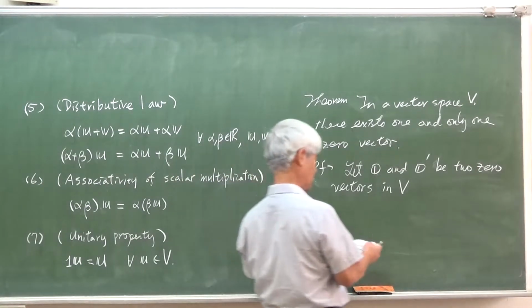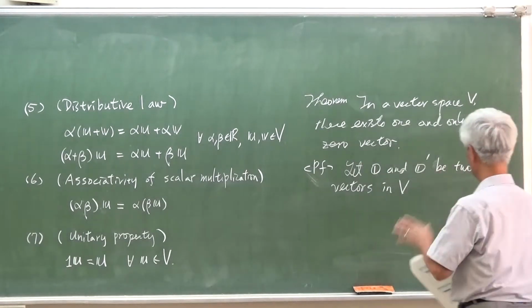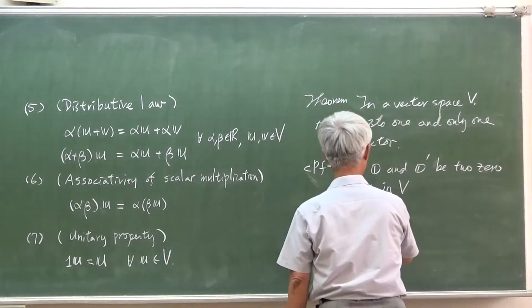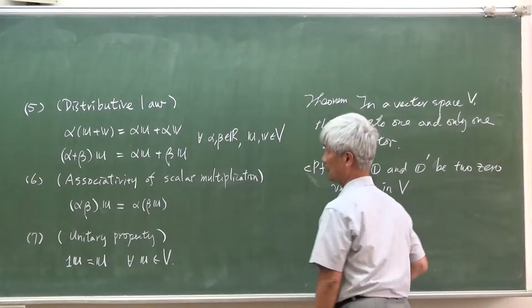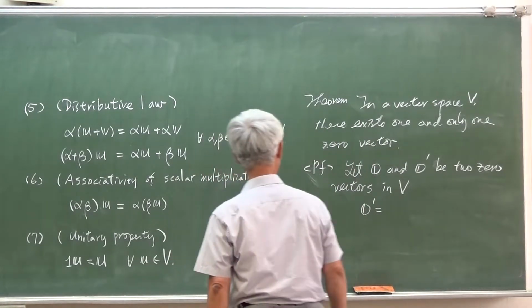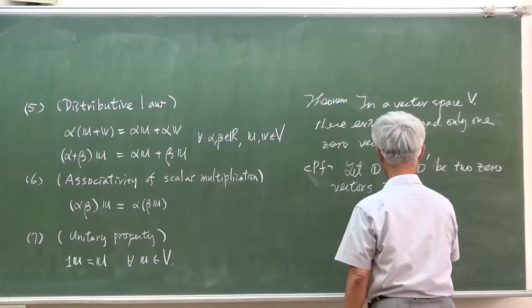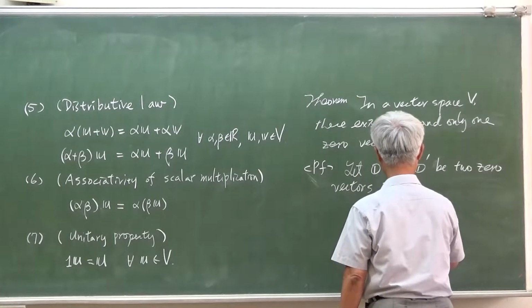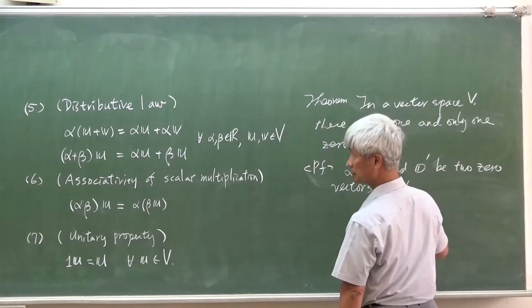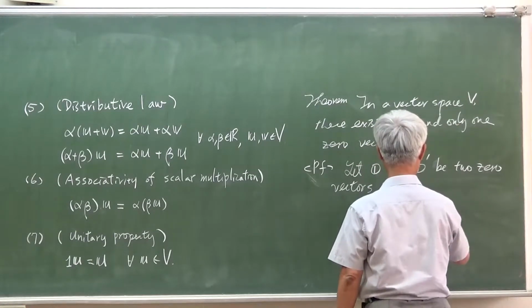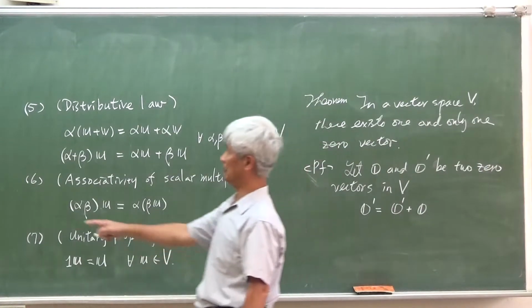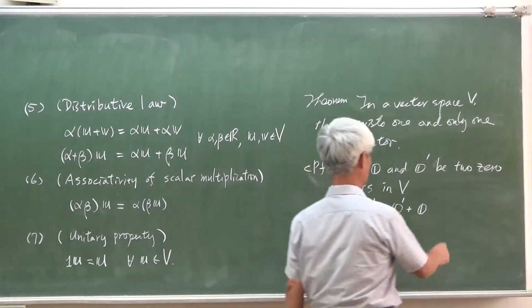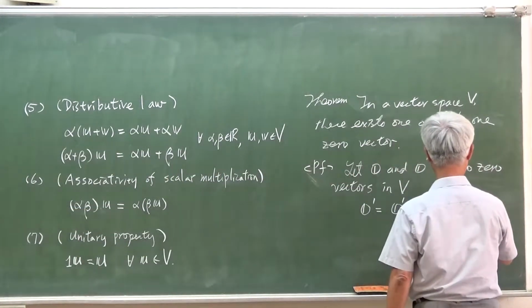So now we have 0 prime is 0 prime plus 0, by axiom 3.